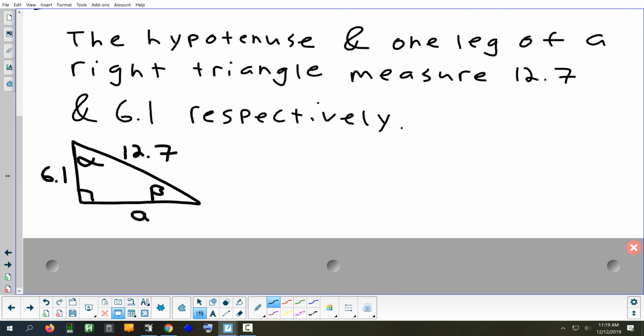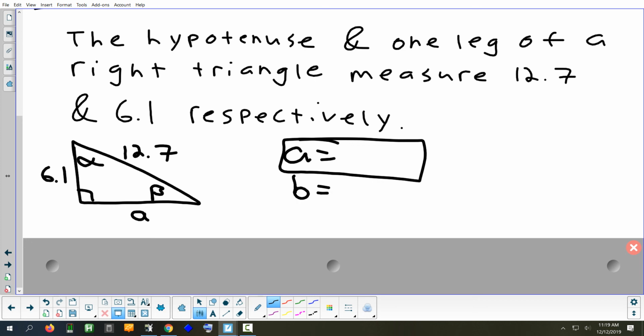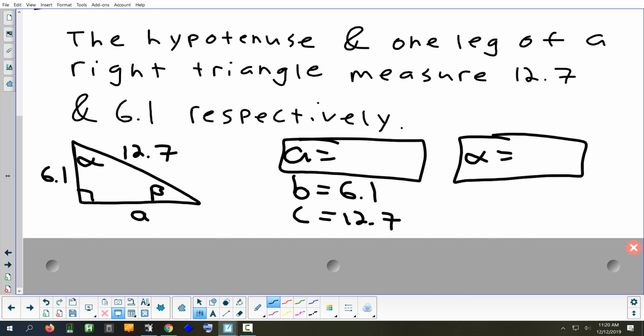Let's make a chart of everything we've got. A, we don't know. What's B? Because that's across from beta. And C, because that's the hypotenuse. All right. Do we know alpha? Nope. Do we know beta? Nope. And that's a 90.